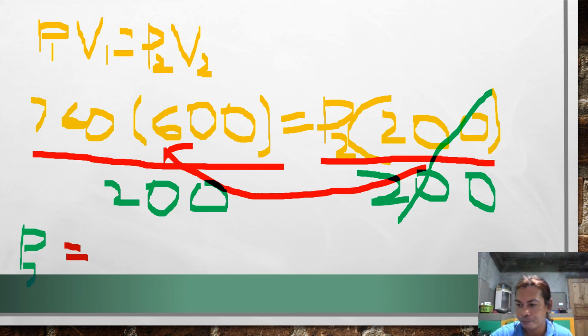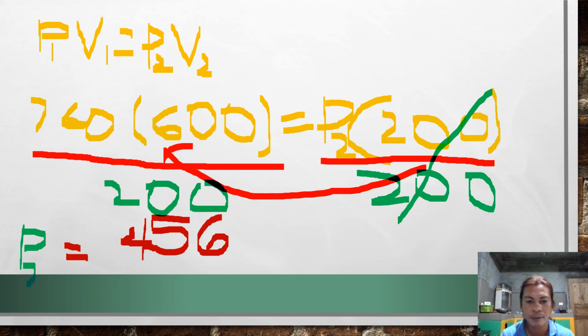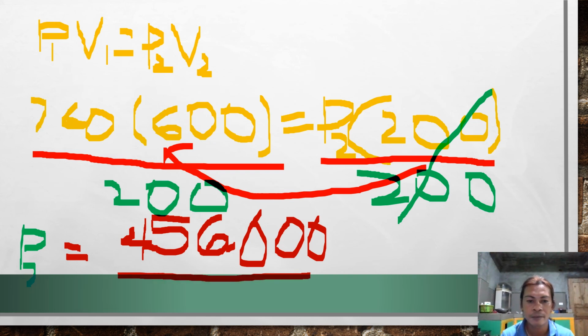Okay, we have 760 times 600, which is equal to 456,000 divided by 200.